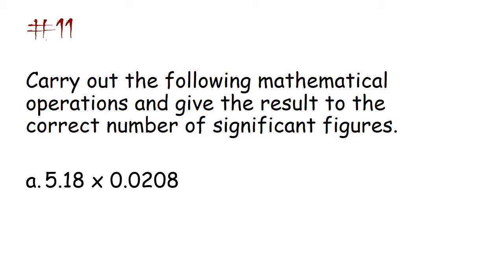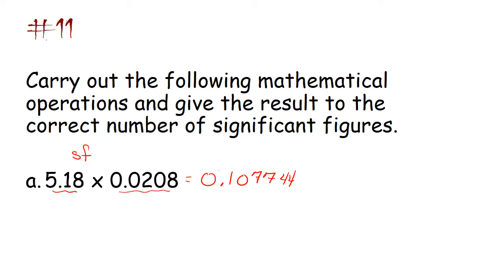All right, taking a look at this problem, I end up with 0.107744. I really like the 0 in front of the decimal point, by the way. Please write that 0. Okay, this term, well, it's multiplication. So when we multiply and divide, what do we need to look at? Sig figs, yeah. So this term has 3 sig figs.